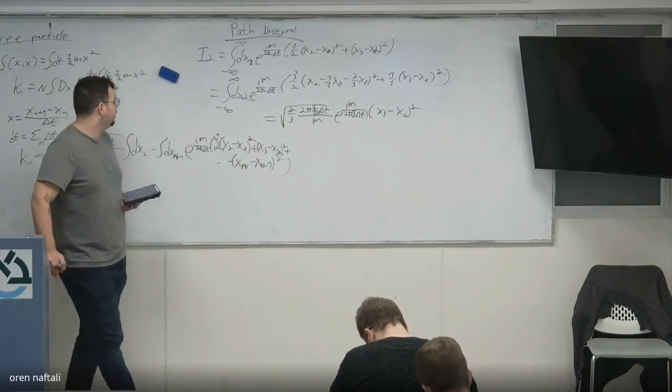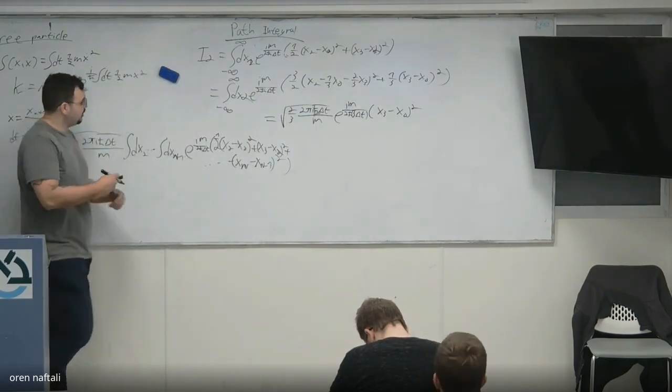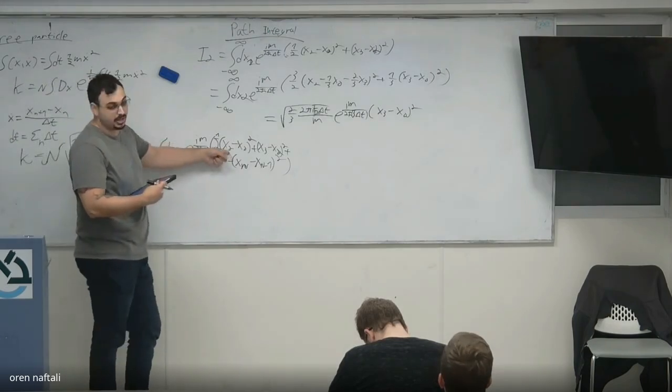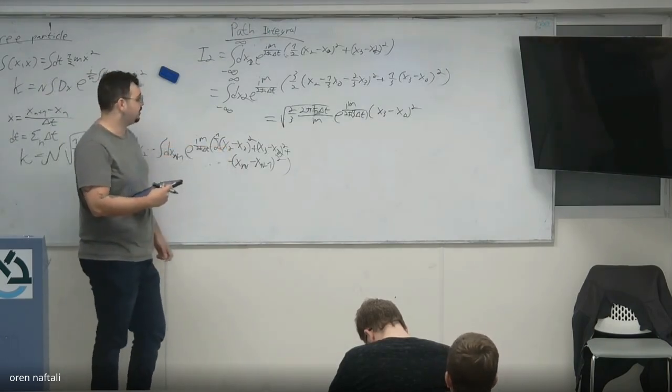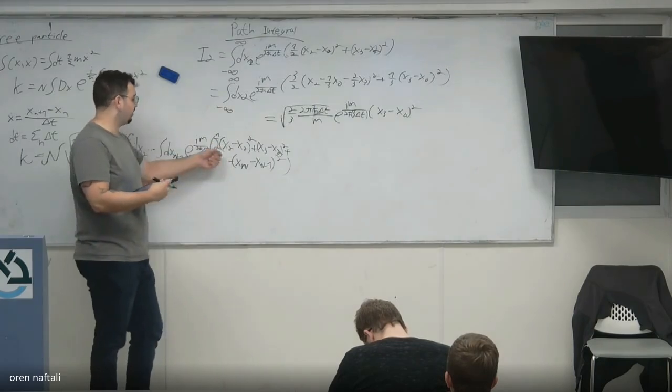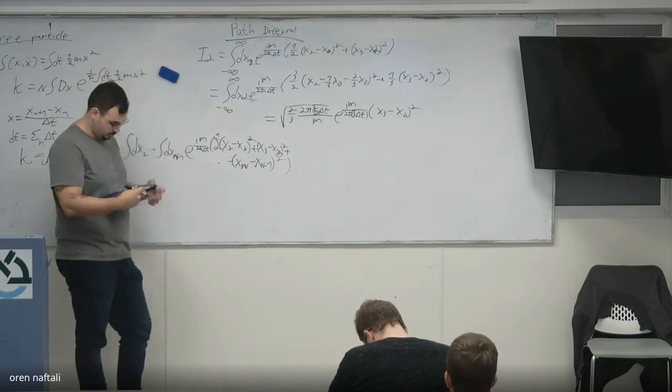You see, just like before, we replaced this 1 with a 2 and had a half. Now we just replace this 2 with a 3, and replace this half with a third.